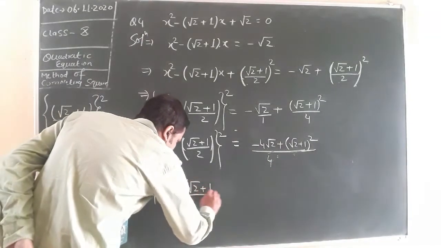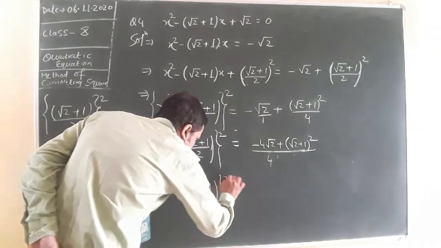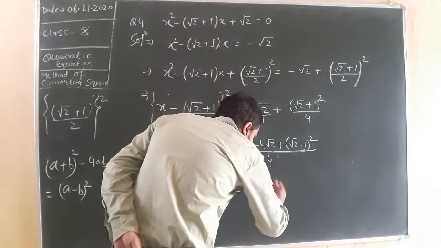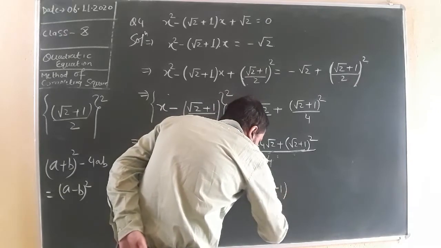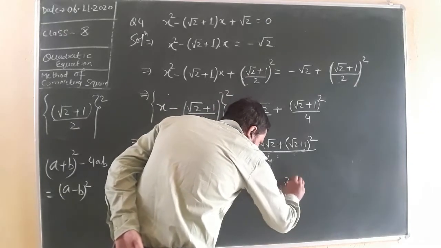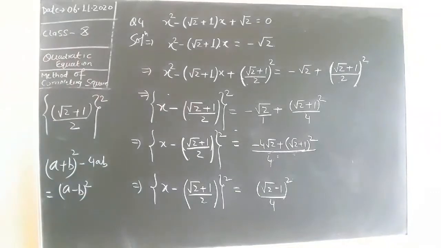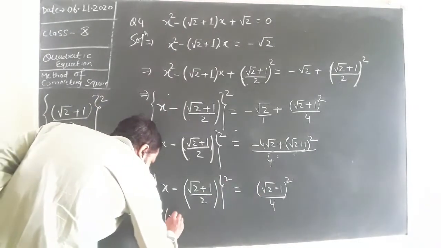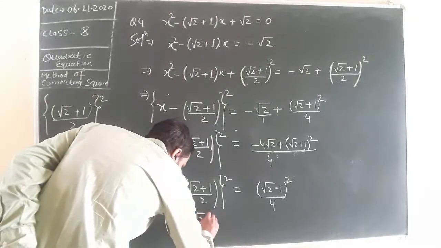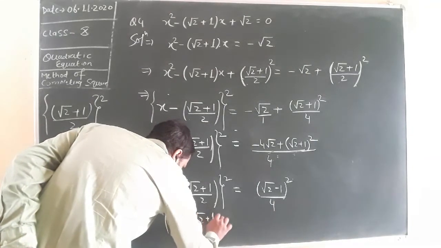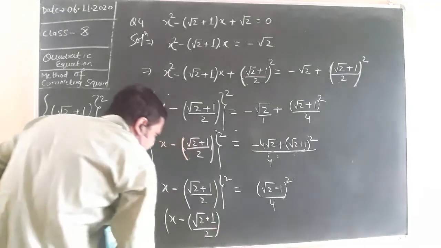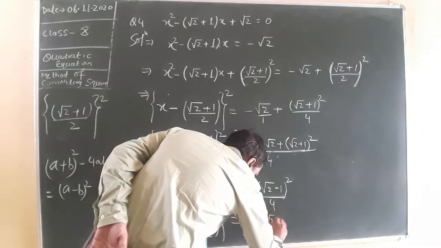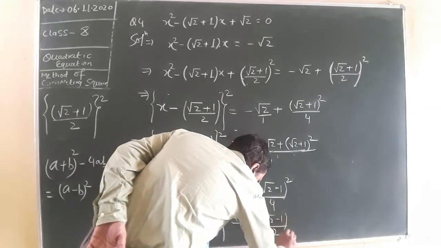So x minus root 2 plus 1 divided by 2 whole square is equal to root 2 minus 1 divided by 2 whole square. Now after taking the root of both sides, removing the square, it will become x minus root 2 plus 1 divided by 2 is equal to plus minus root 2 minus 1 divided by 2.